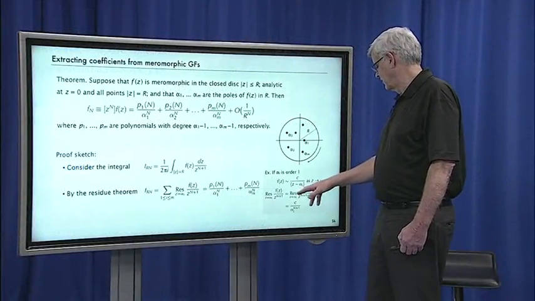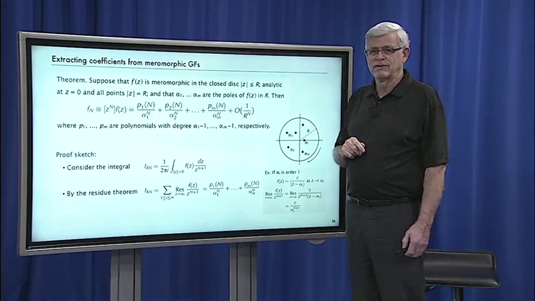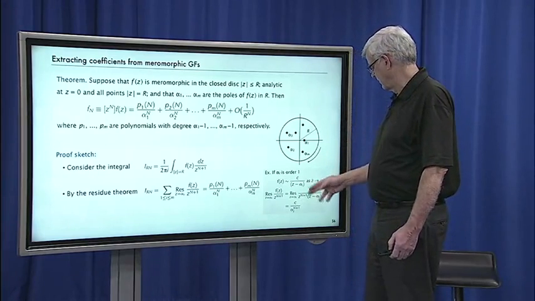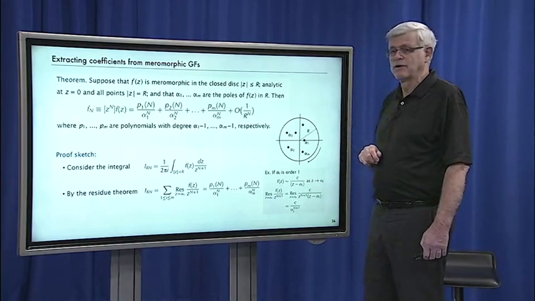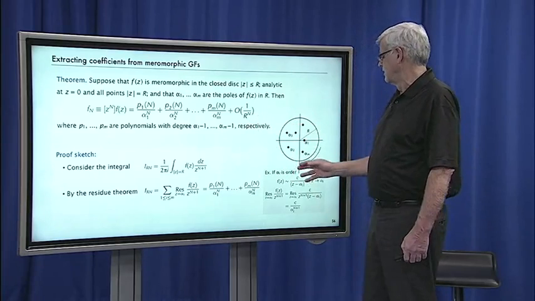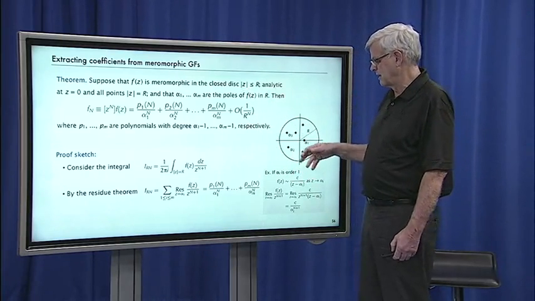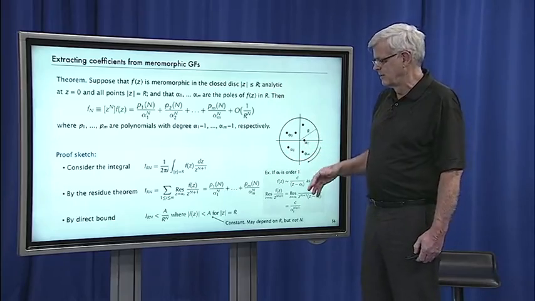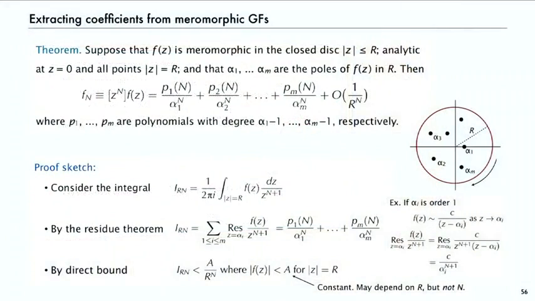And as z goes to alpha, that just gives you alpha to the n plus 1. The coefficient of 1 over z minus alpha in there is simply c over alpha to the n plus 1. You do that for every pole. If it's of a higher order, then you start to get the polynomials. And I won't go through that detail because we'll see another way to do that in just a minute.